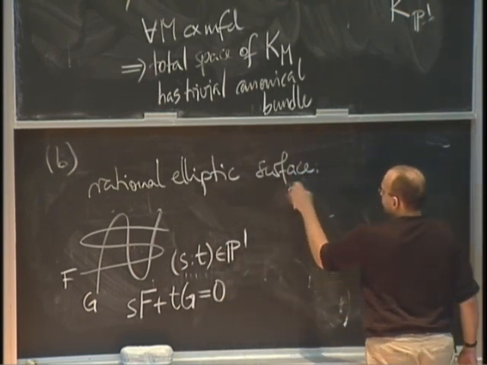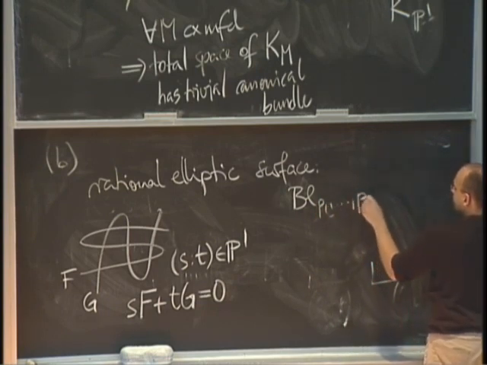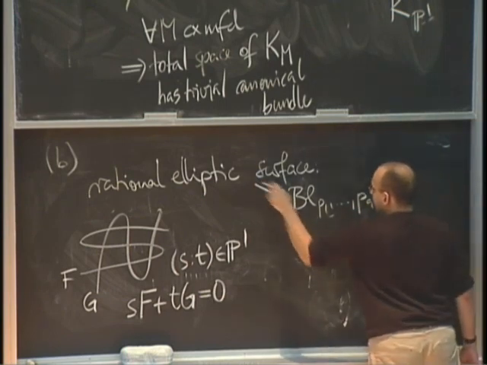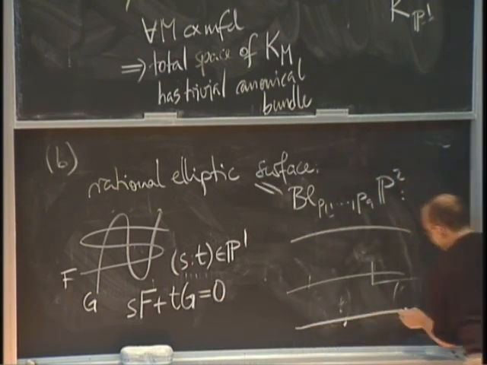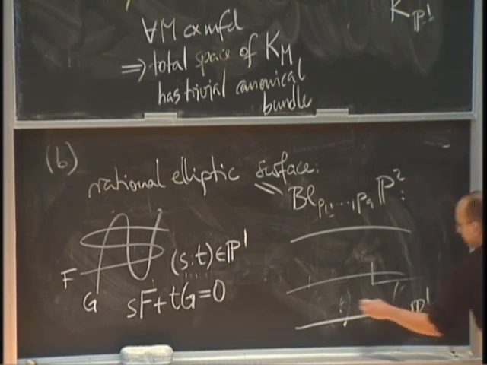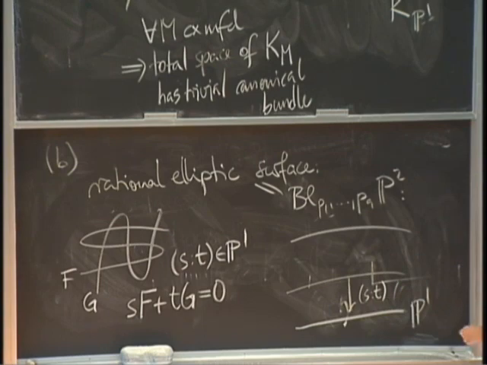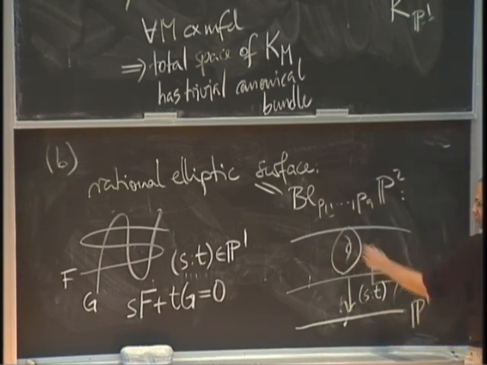Then if I blow up the plane in these 9 points, I'm going to get this rational elliptic surface that has a fibration over P1. The base is P1, and the fibering map is just the ratio of S and T. And the generic fiber is a smooth elliptic curve, so that's a torus.